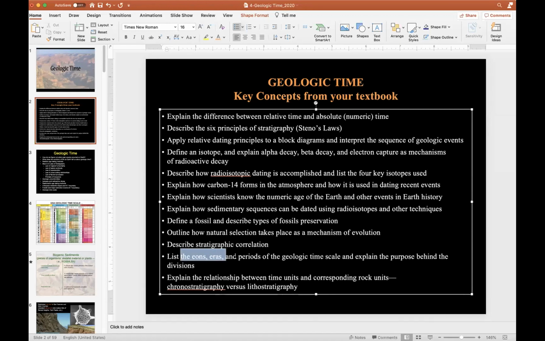I'm going to show you the geologic time scale, but we're not going to go over the names of the different units in any great detail. Unless you're a geology major or earth sciences major, I think just learning a few periods in time to understand some key concepts of this lecture will be great.